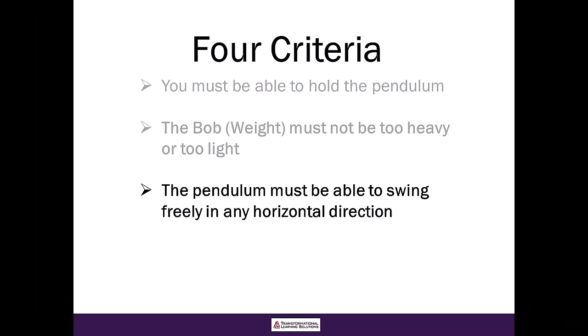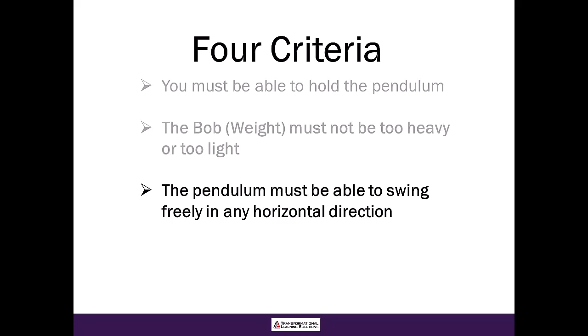Third criteria is the pendulum must be able to move freely in any horizontal direction. If it can't move freely in that horizontal direction, then the micro muscle movements that your unconscious mind directs through what is known as the ideomotor response cannot happen. So a nut on a piece of wire might look like a pendulum, and in some ways and for some purposes may act as one.